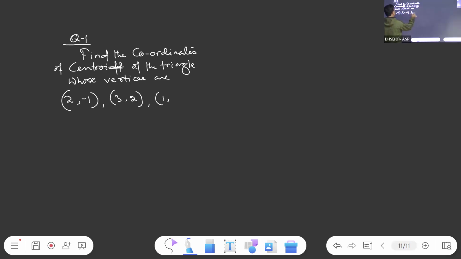Find the coordinates of centroid of the triangle whose vertices are (2, -1), (3, 2), and (1, 8).